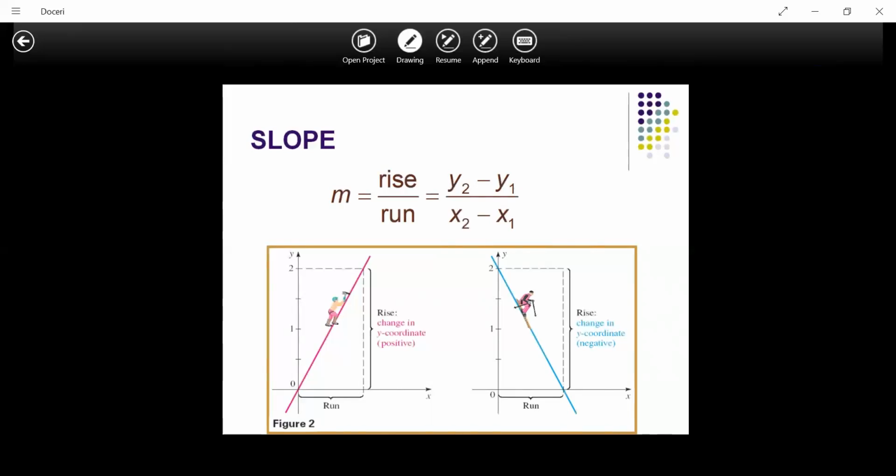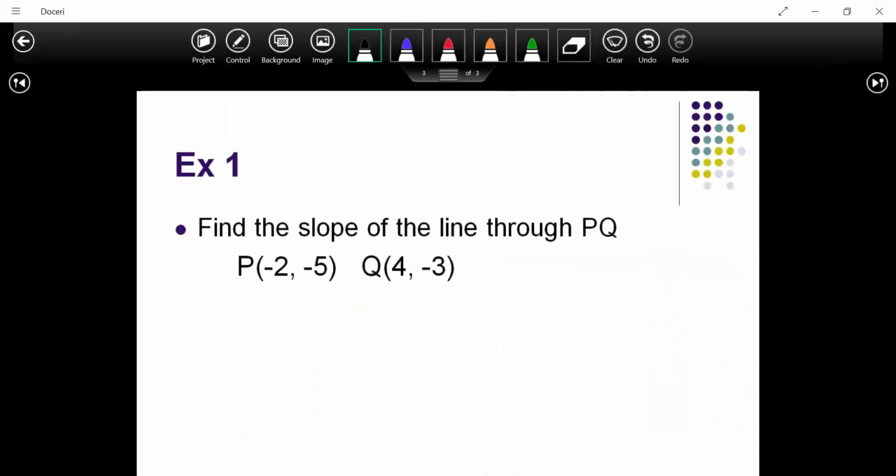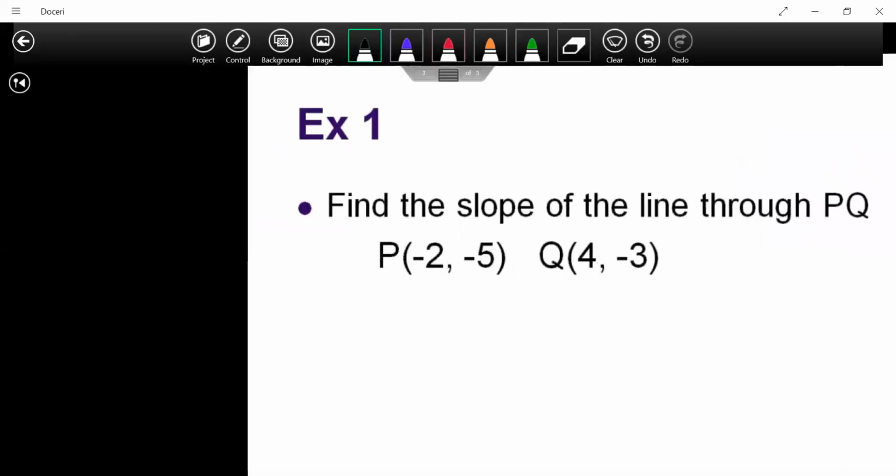Okay, here we go. We're going to find the slope of the line through PQ. There's a problem just like you're going to see on the homework. You've probably done a lot of these, so it's okay to streamline this. I don't expect a lot of work on this, but I should be able to see a little bit of the work.